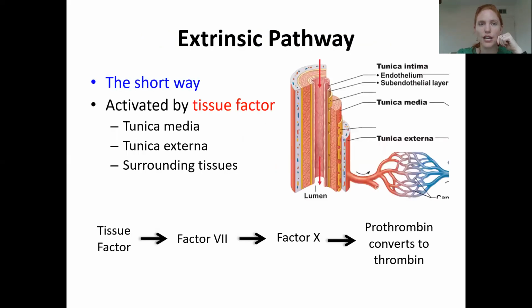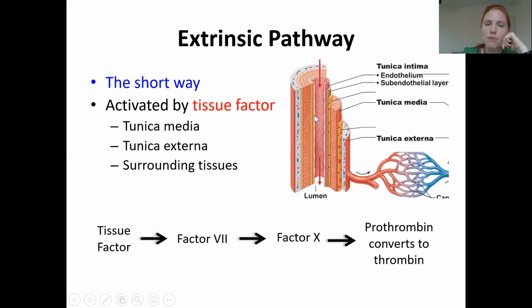Okay, so let's look at the extrinsic pathway. Extrinsic means outside of itself, and this is the shortcut. Instead of being activated by anything negative, the extrinsic pathway is activated by a specific substance called tissue factor, which is secreted by the damaged tissues.